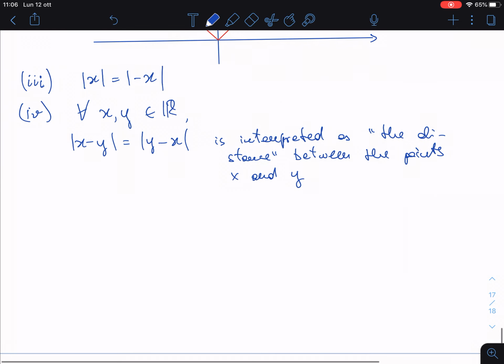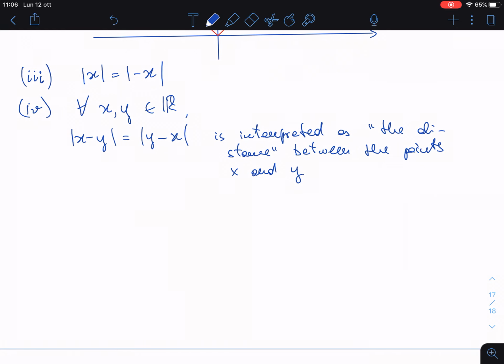So, and last thing, is the triangular inequality. The first triangular inequality.